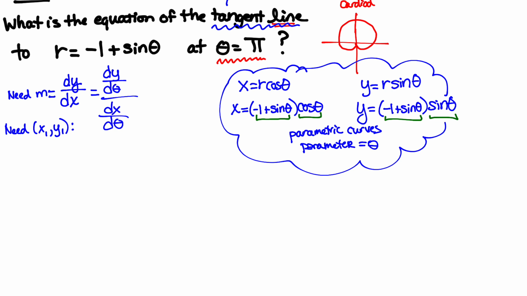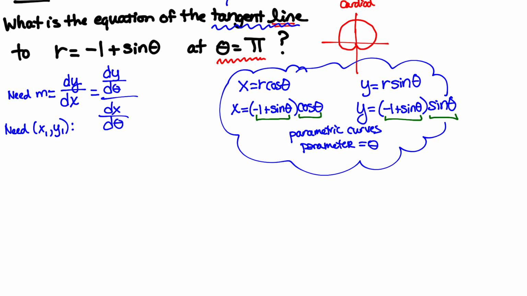So when I go to take my derivative of x with respect to theta, what kind of rule do I need there, Hannah? If I have a multiplication, I need the product rule. And Dylan, what was the product rule for derivatives? Derivative of the first times the second plus the derivative of the second times the first.